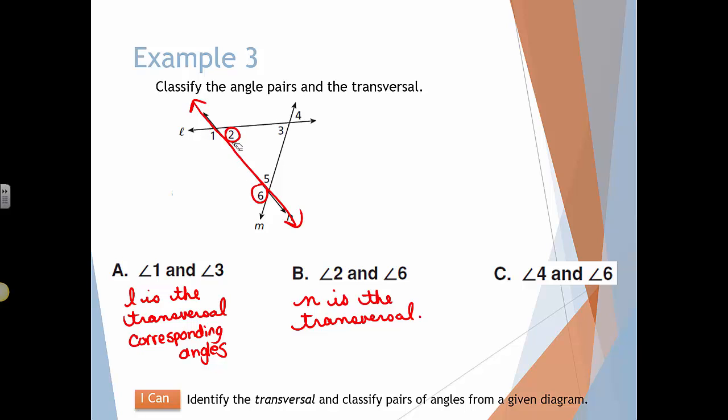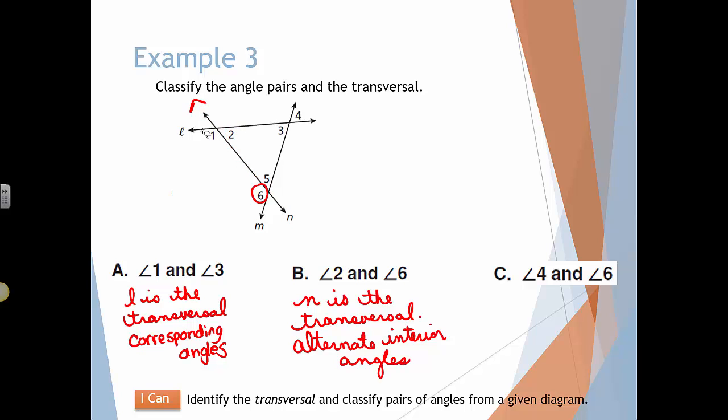They're on alternate sides of line N, so they're alternate something. Now I have to just decide whether they're exterior or interior. And if I were to have my line L here and my line M here, the exterior would be out here somewhere or up here somewhere. So they are alternate interior angles.